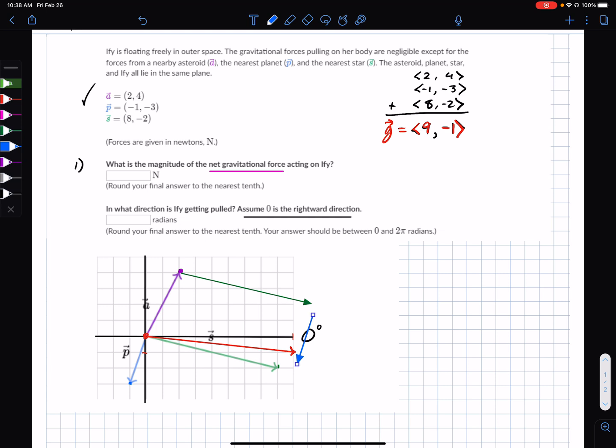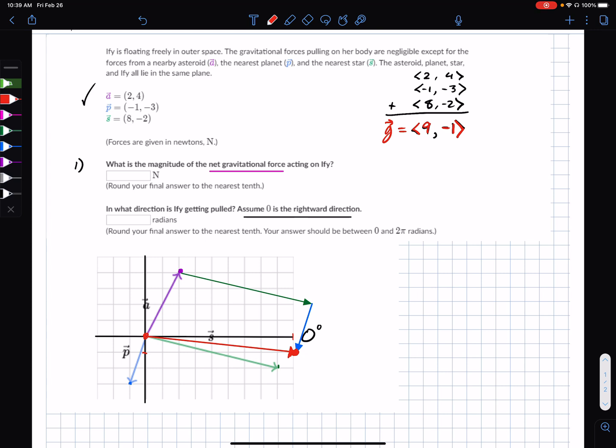Move that over. See where that heads to tails method gets you. So that's the net gravitational force. That's one way to think about it. So if he doesn't push on the thruster button at all to counteract this, they are going to land way out here as a result of that net gravitational force of all three of those bodies.